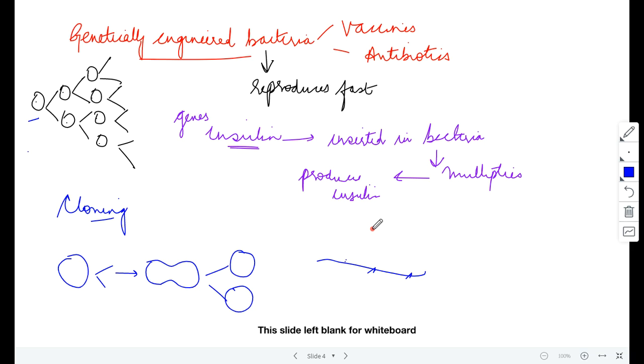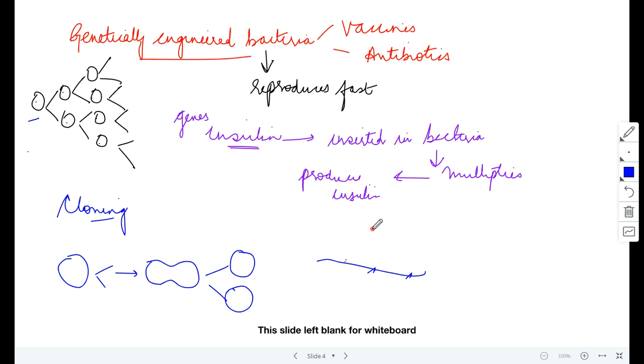Take a money plant or any plant, take a small cutting and plant it, and it will grow into a new plant. That plant is going to be the same as the parent plant from which the cutting has been taken. So we say that you have made clones.